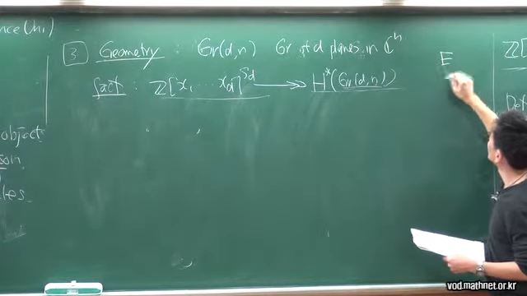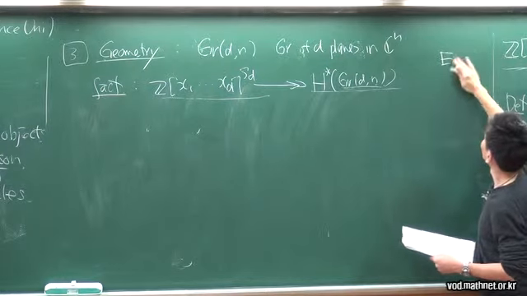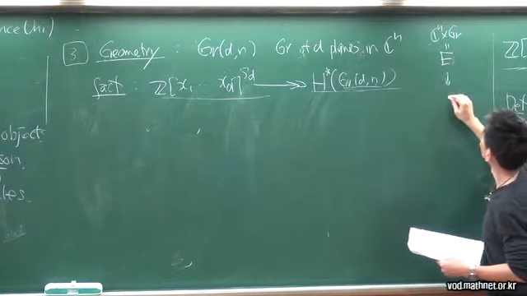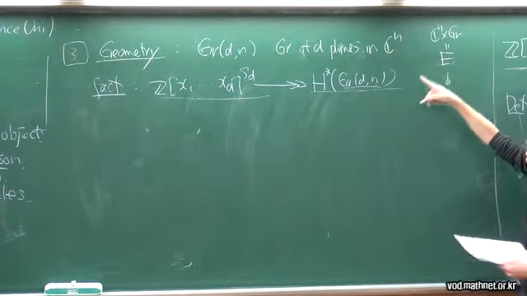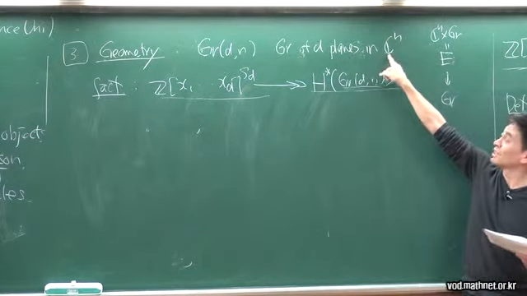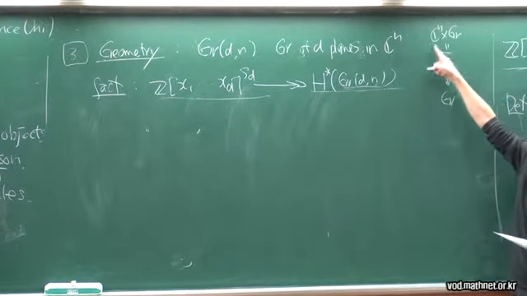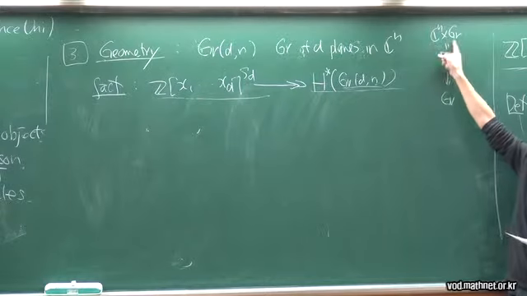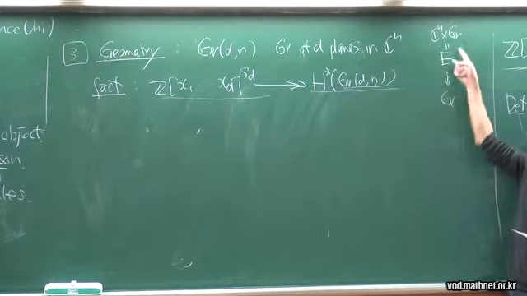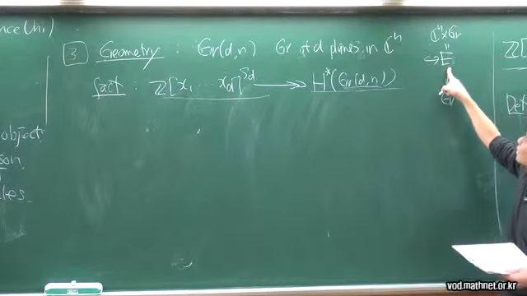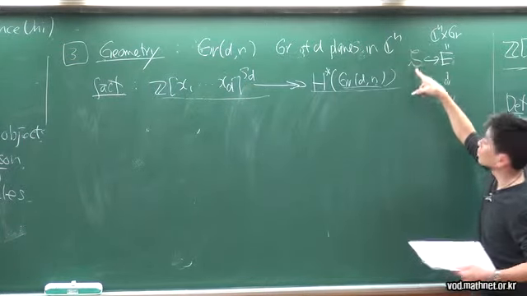So E is a trivial bundle over the Grassmannian. You're looking at the complex n-plane, and inside of that, you're looking at d-planes. So you take this complex n-plane and take the direct product as a trivial bundle. Inside of this trivial bundle, there is a tautological bundle.